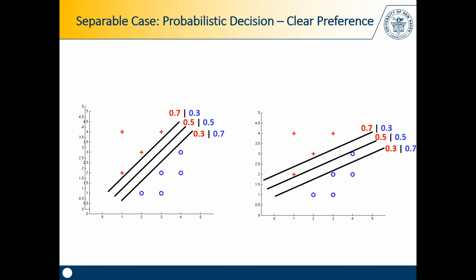However, let's think about the probabilistic decision boundaries. Which of these two solutions do you think is better?